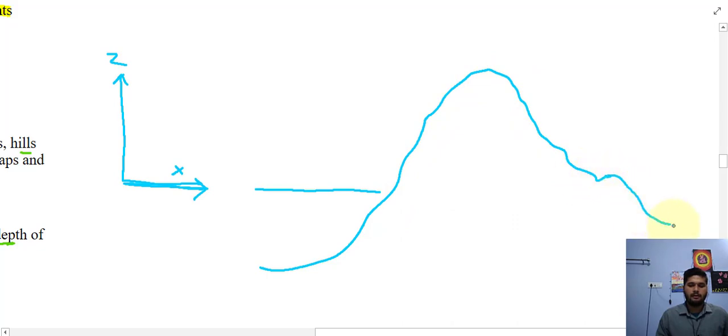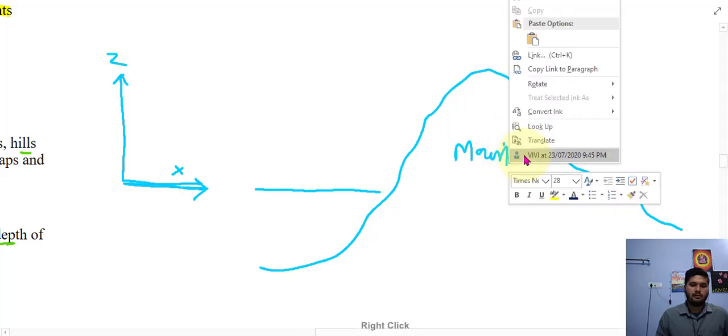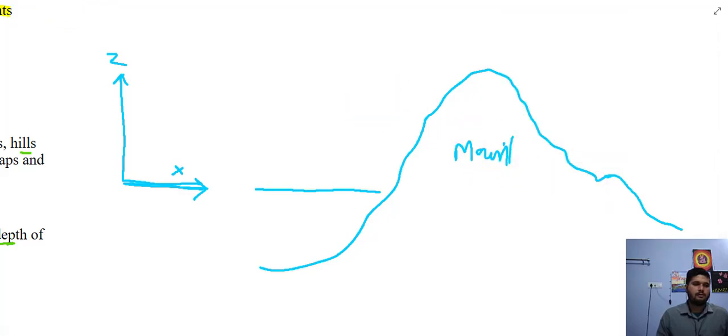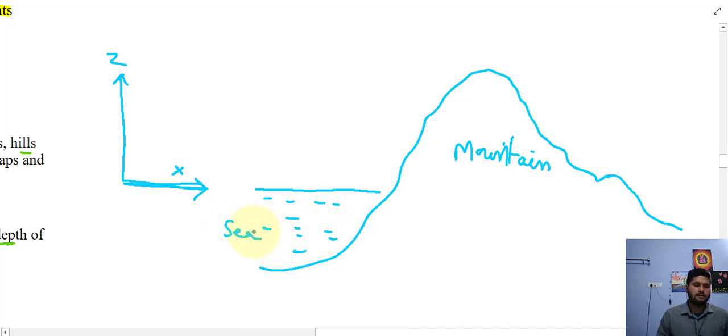This is the form of a mountain, and this is our water, like sea. The pressure at this mean sea level is atmospheric pressure, 1 atm. So the diagram drawn in a vertical plane is known as cross section.